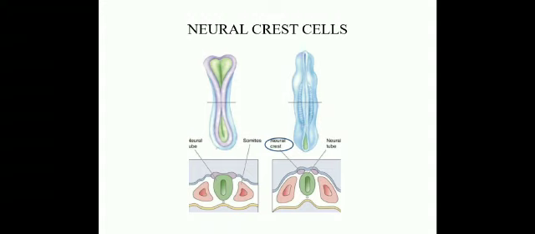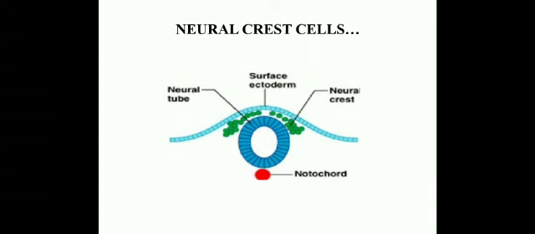The neural crest cells at first remain in the midline between the dorsal surface of the neural tube and the surface ectoderm, and then form two cell clusters dorsolaterally, one on either side of the neural tube. Here you can observe the neural tube centrally, and on either side the neural crest cells are distributed.